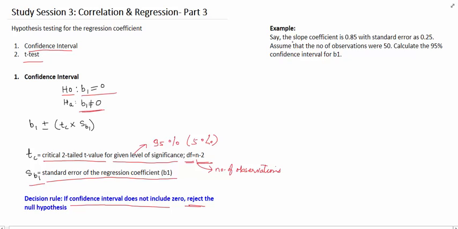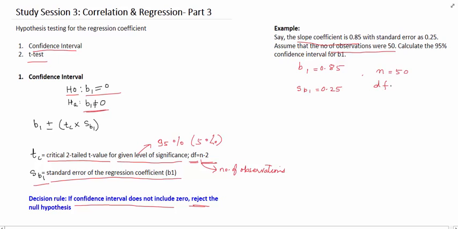Suppose that the slope coefficient is 0.85, so b1 is 0.85 and the standard error of the regression coefficient, SB1, is 0.25. The question says that the number of observations was 50, so n was 50. The degree of freedom is n minus 2, which is 48.